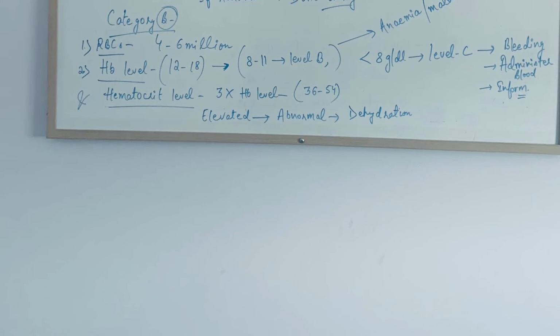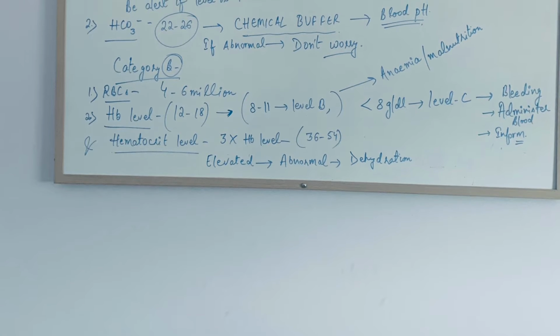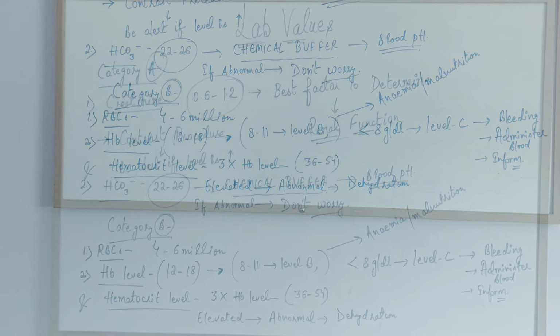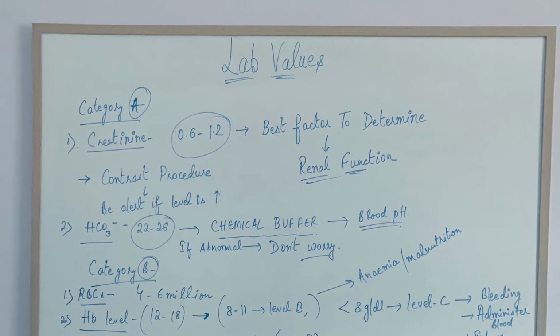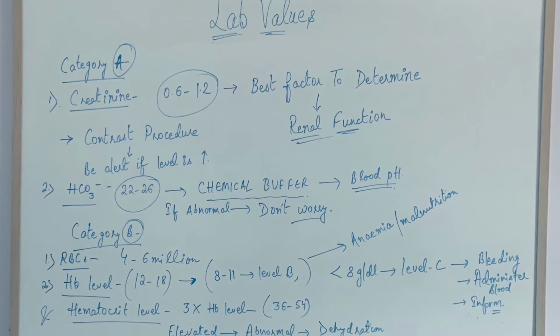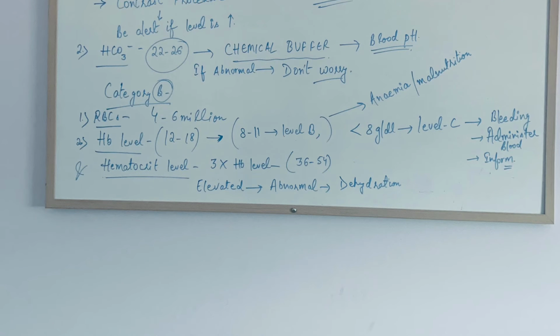Okay, if the level is up or down, then you don't have to worry. There are other factors which are involved in making the condition acidic or basic. We will discuss acidosis and alkalosis in detail in the next video. Okay, now you just remember that it's a chemical buffer and the normal value is 22 to 26.